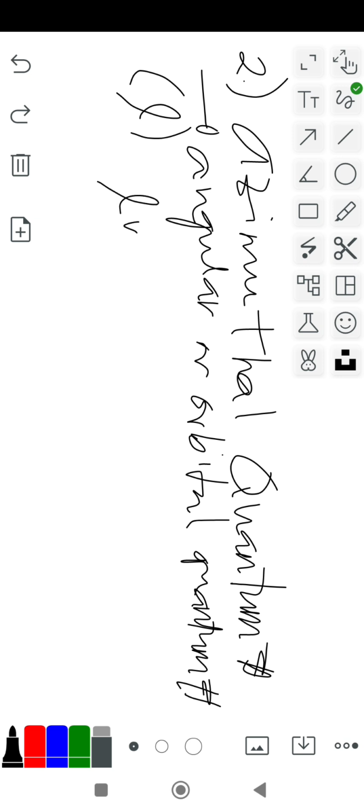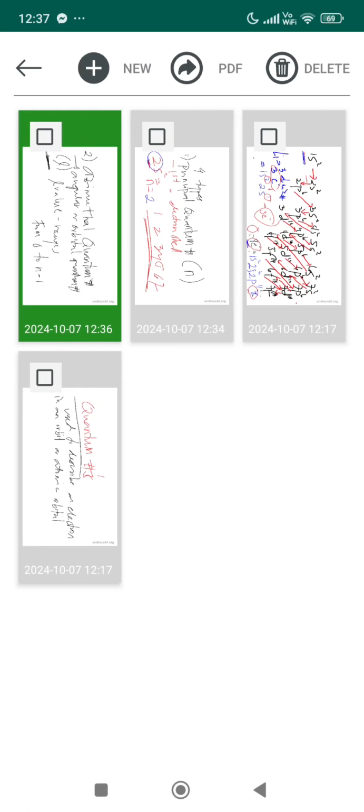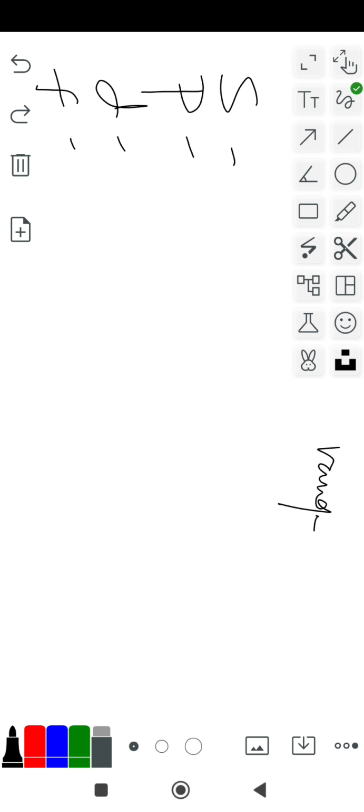And take note that the L value ranges from 0 to n minus 1. So each orbital has a corresponding azimuthal quantum number. Let's have this one. We have the orbitals S, P, D, and F. As you can see, we have the range, which is 0 to n minus 1.